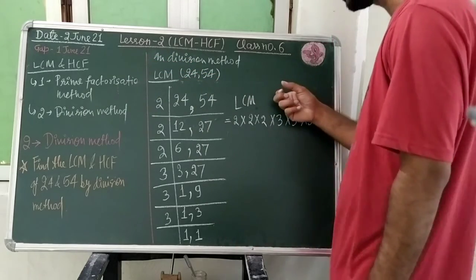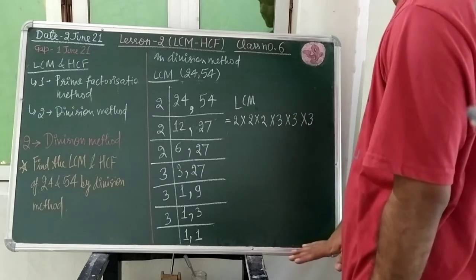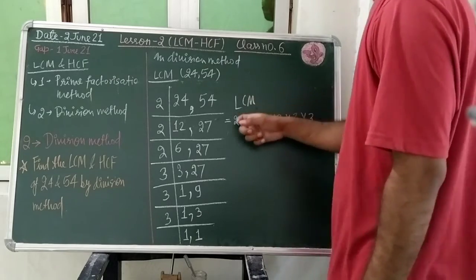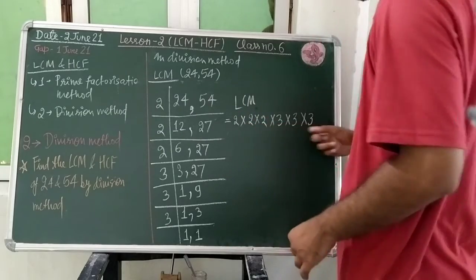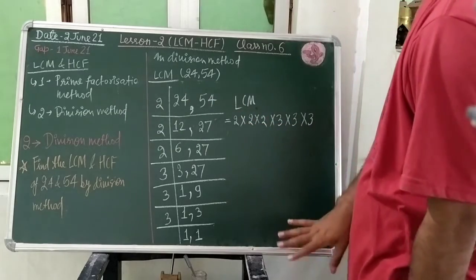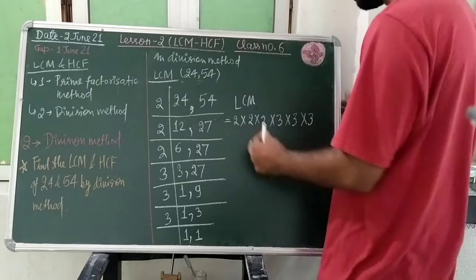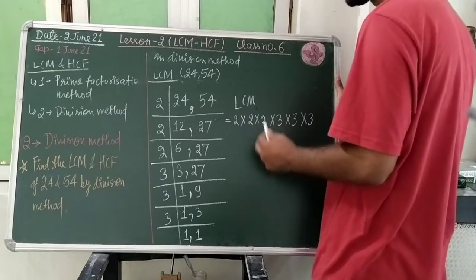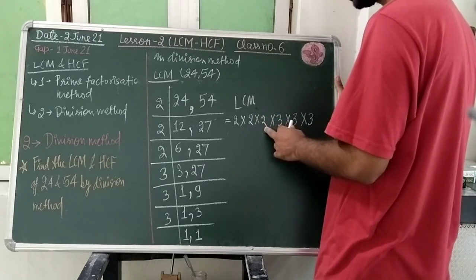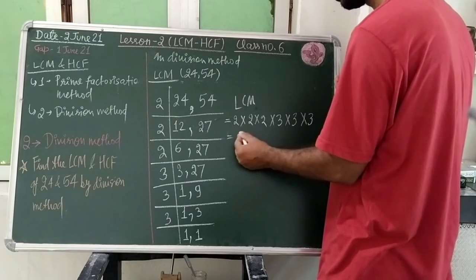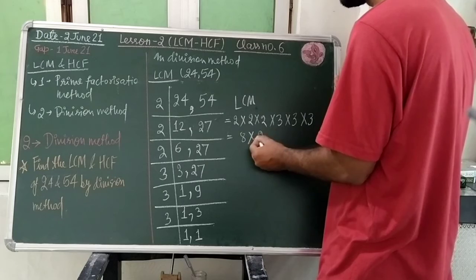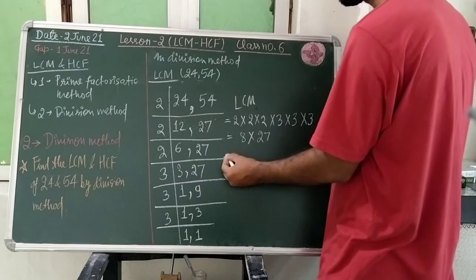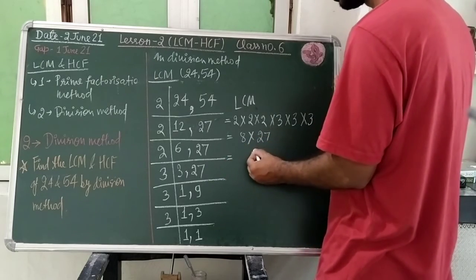And LCM, how will we write, students? We shall write all those numbers we have selected here with the multiply operator, and will not write in the form of power. You will just multiply those numbers. 2 2s are 4, 4 2s are 8. Multiplied by 3 3s are 9, 9 3s are 27. So 8 into 27 is going to give you what?